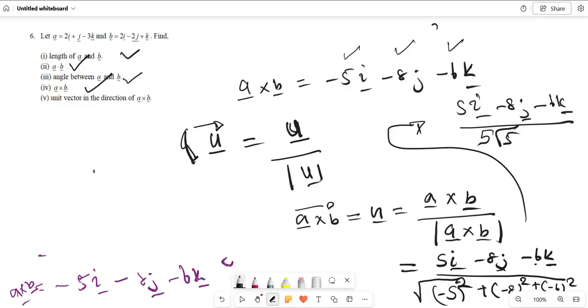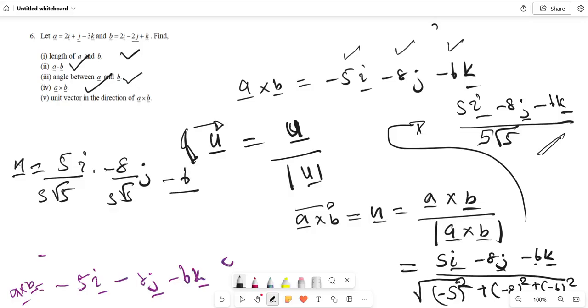Okay, you can either keep it in this way, or you can separately divide each coefficient by this value and keep it that way as well. So you can keep it like this, or you can keep the unit vector equals minus 5 divided by 5 root 5 into i, minus 8 divided by 5 root 5 into j, minus 6 divided by 5 root 5 into k.